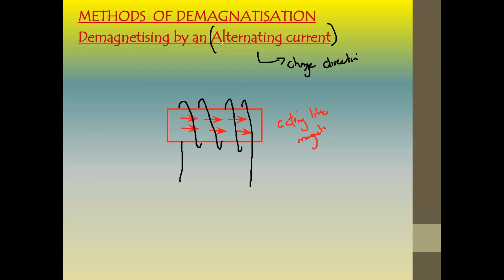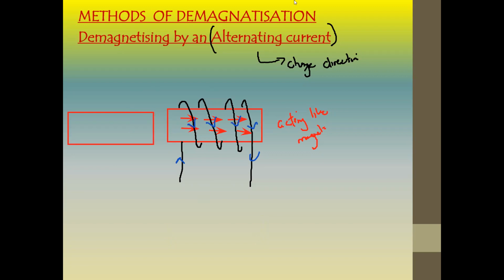So what happened? For example, at first, when we pass the current, we connect a battery. So current was moving in this manner. The blue lines are representing the direction of the current. Then the direction of the current will change. The second figure I will draw here. The same material, the material does not change.